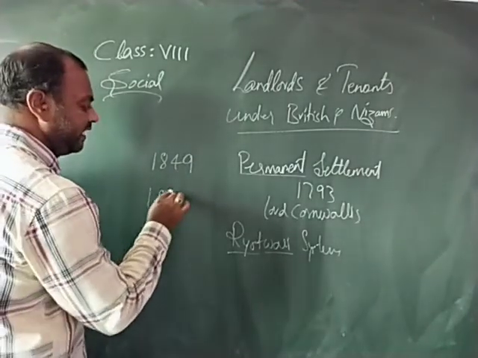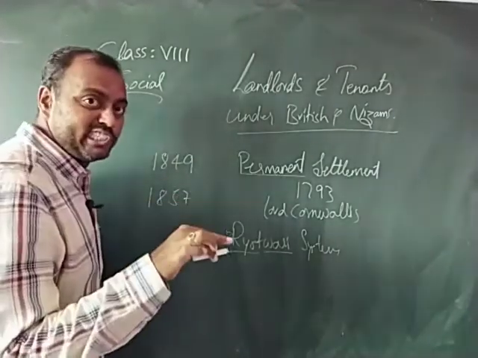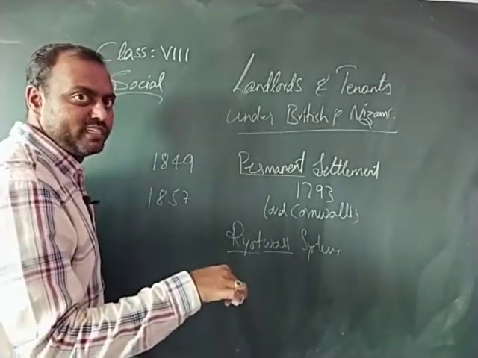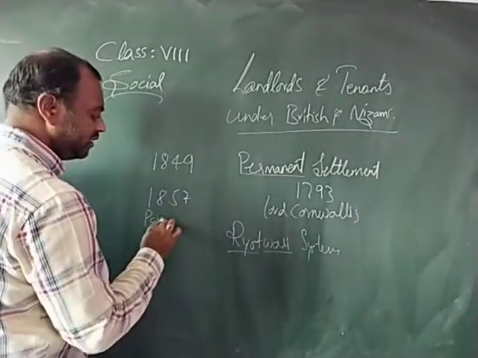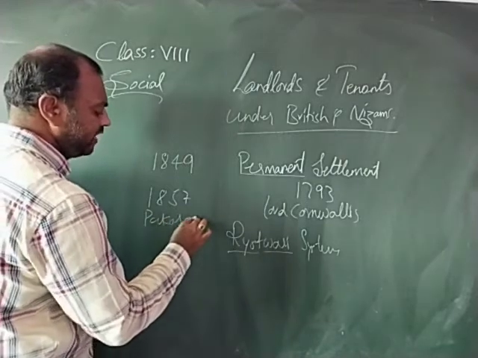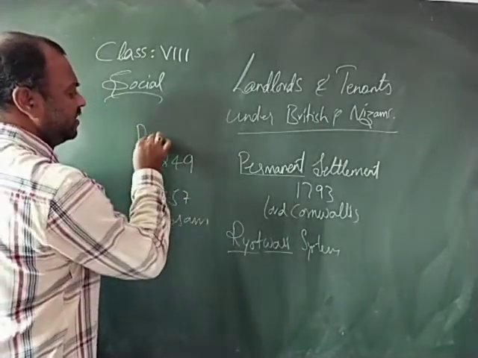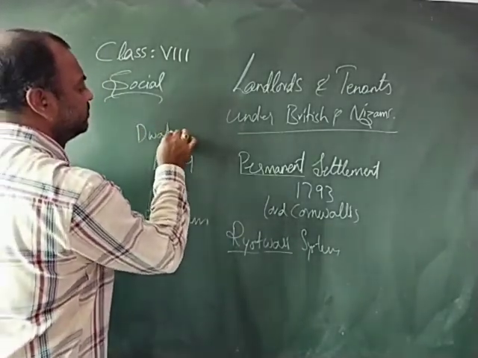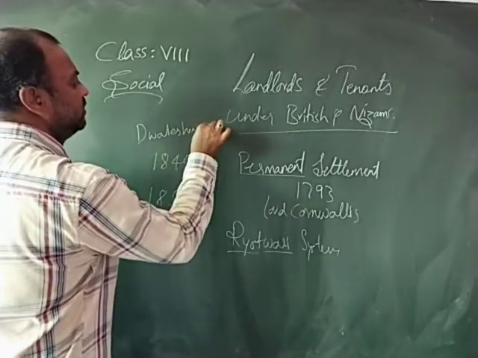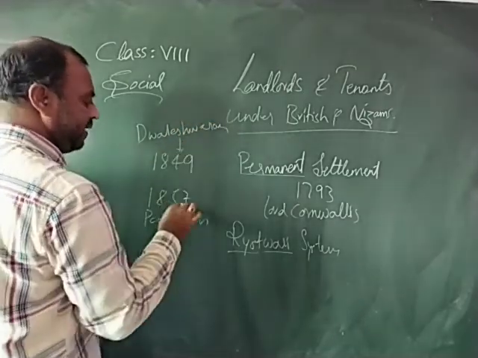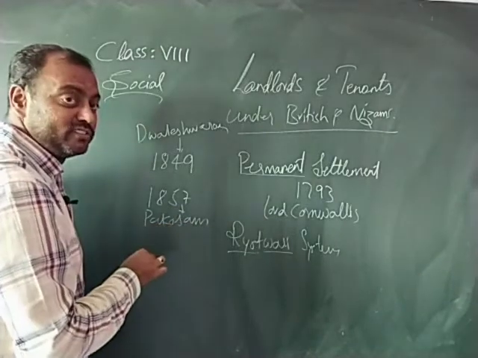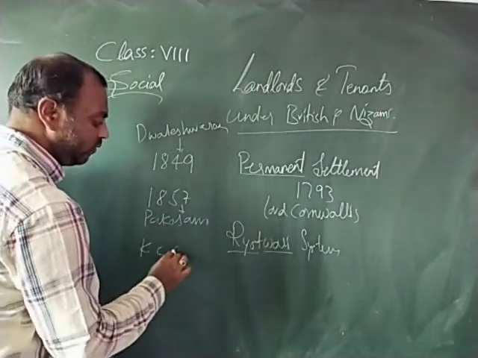It was in the year 1857, across the river Krishna, that the Prakasham barrage was constructed. This is the Prakasham barrage year of construction, and this is the Dhavaleshwaram barrage construction year.